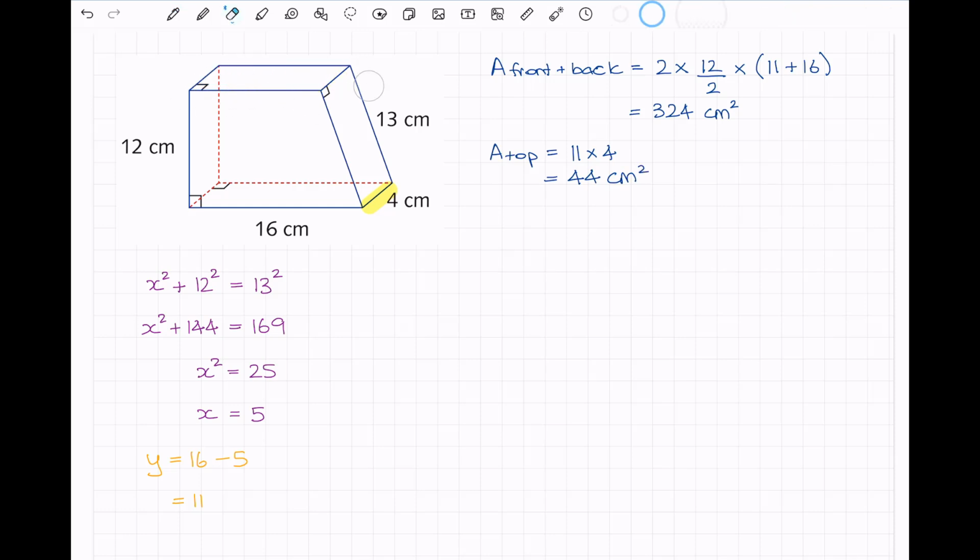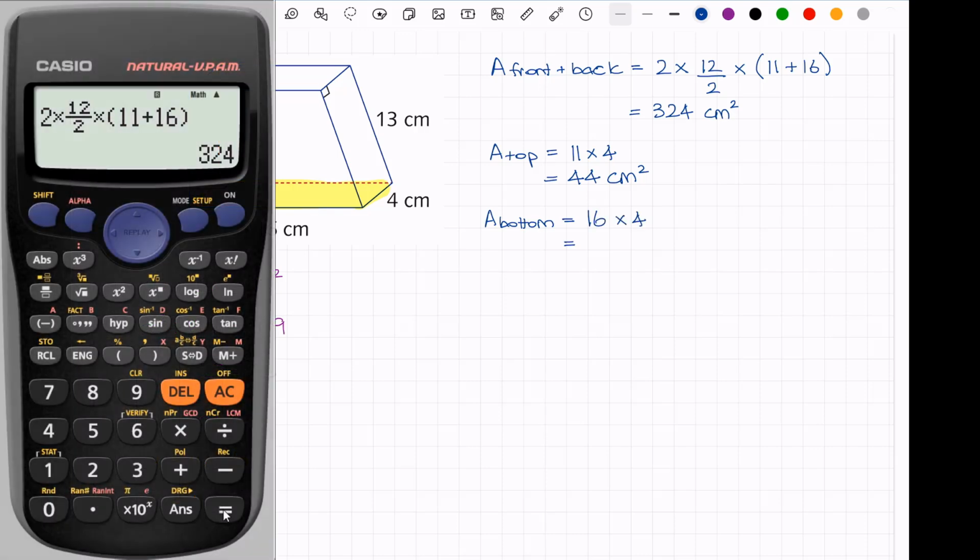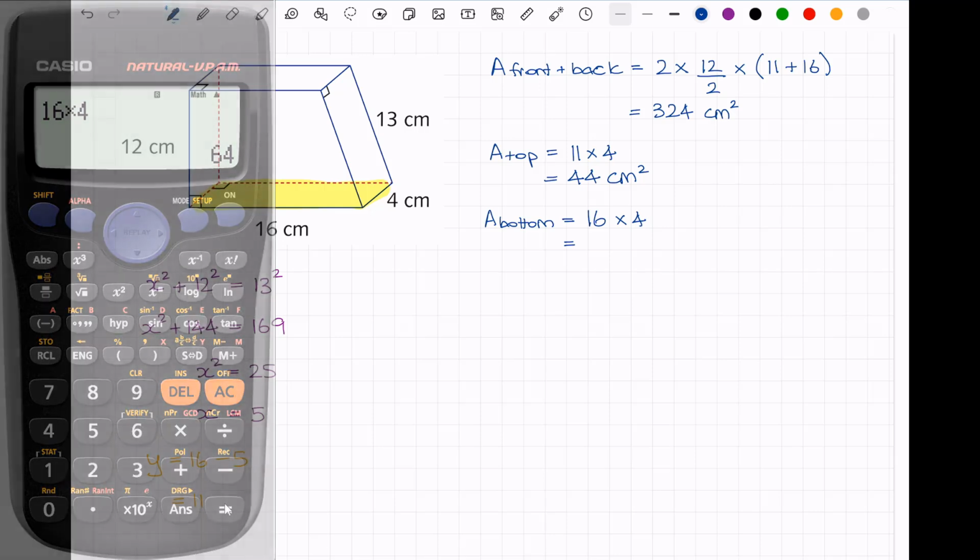Now I'll erase that, and let's do the area of the bottom. Let's go with the bottom of the prism. Another rectangle, and the dimensions of this bottom rectangle, we're told, are 16 by 4. That one I might just type in the calculator just so I don't make a mistake. 16 times 4 is equal to 64.